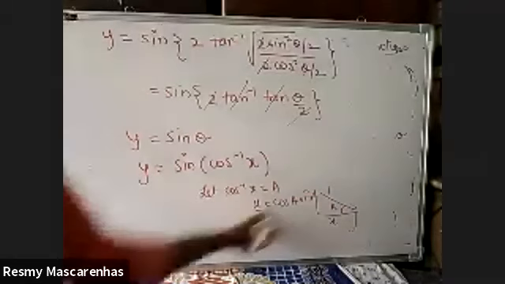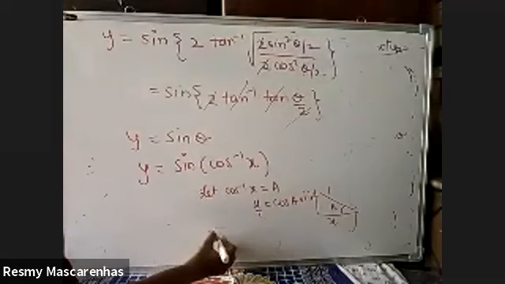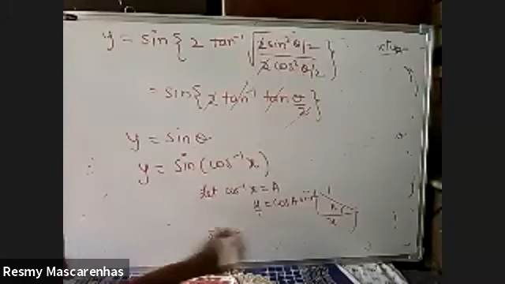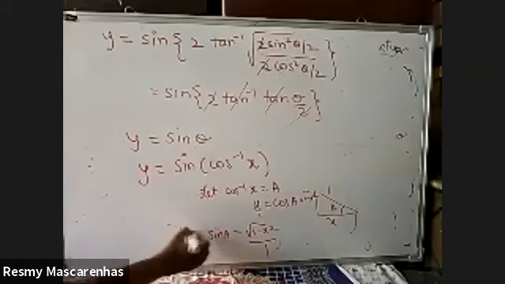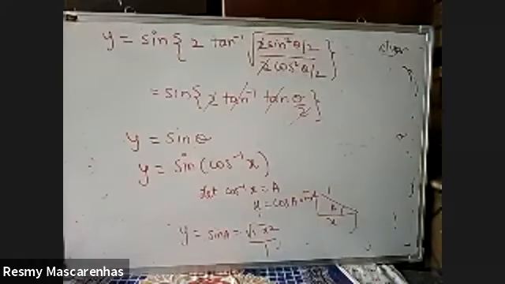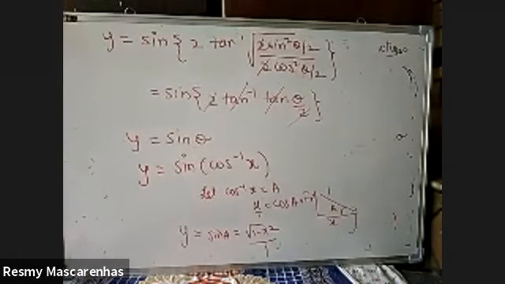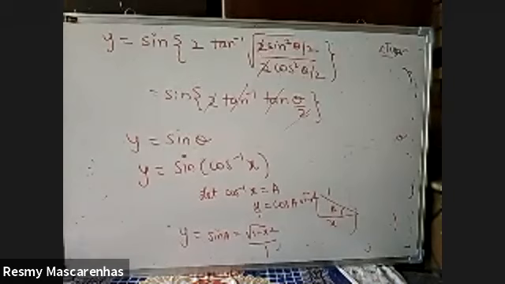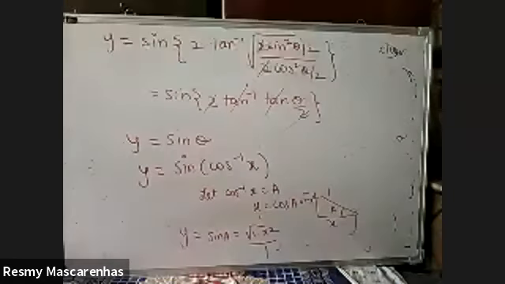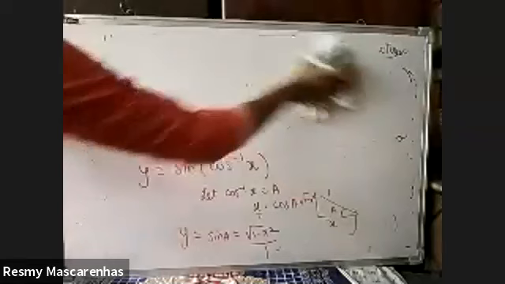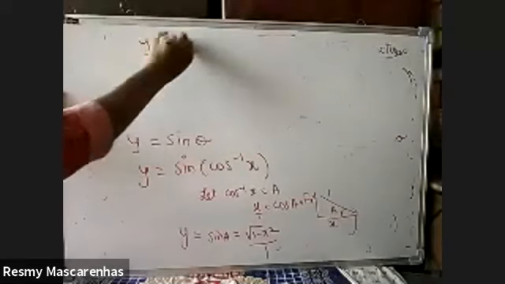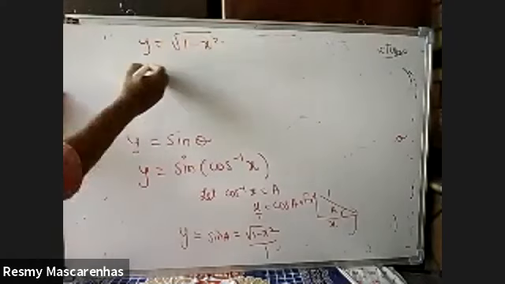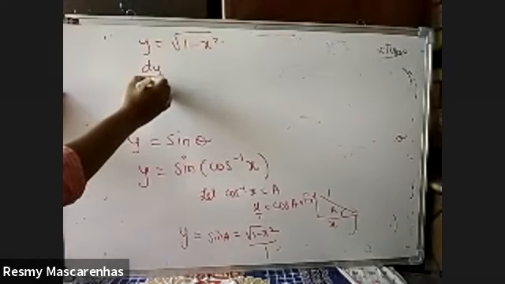Okay, so what will be sine theta? Nothing but opposite upon hypotenuse. Triangle method again and again I'm not repeating, it is the same thing. But now you all should know how to solve. So y is root of 1 minus x square. Now find the derivative, dy by dx.